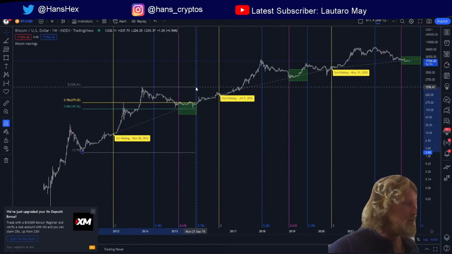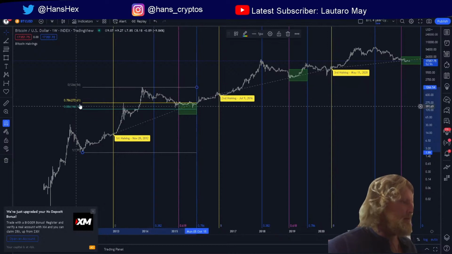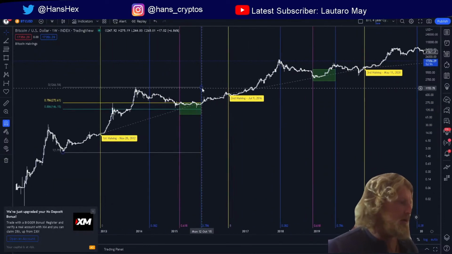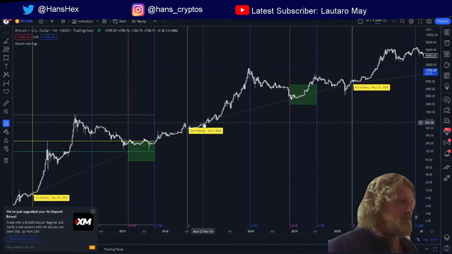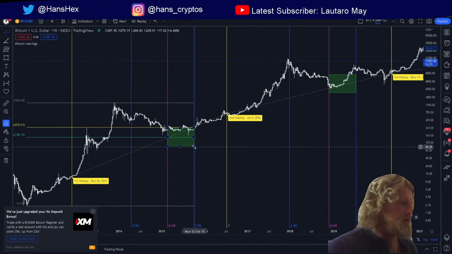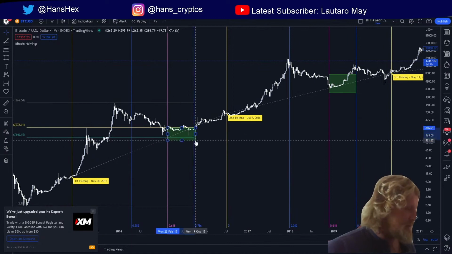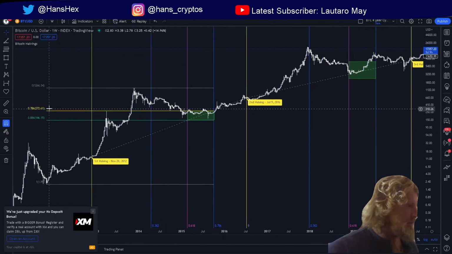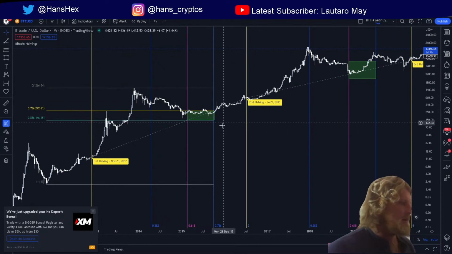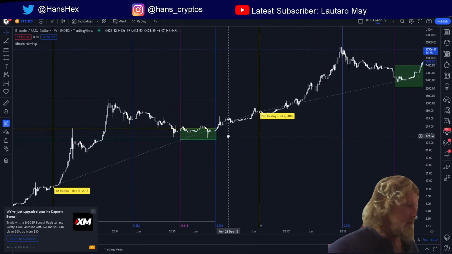We'll pull it all the way to the top, and to make it look aesthetic, we will pull it to where the accumulation phase ended according to the Fibonacci time zone analysis. These two areas are the 78.6 level and the 88.6, two Fibonacci levels that I like to use.